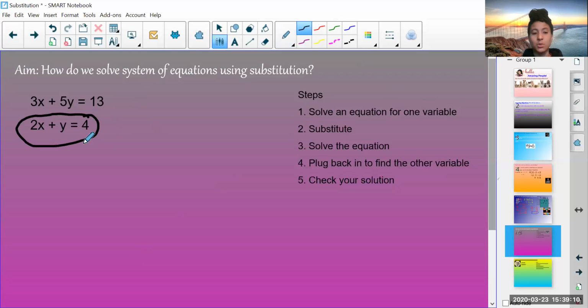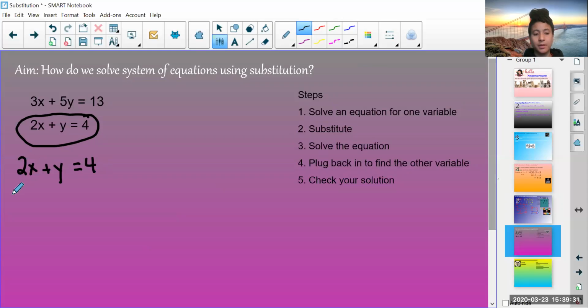Its coefficient is 1. So if I wanted to solve for this, I would have 2x plus y equal to 4. Which variable would be easier to get by itself at this point? The y. So we need to get rid of the 2x.